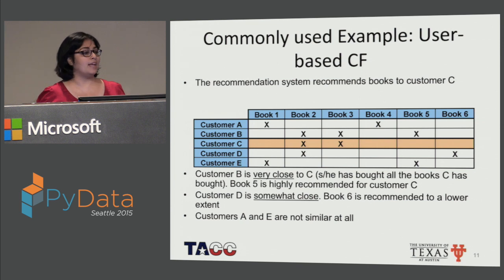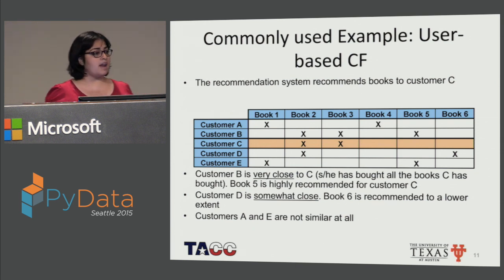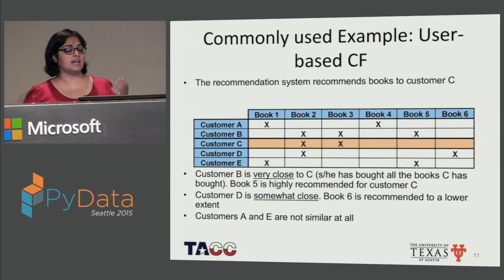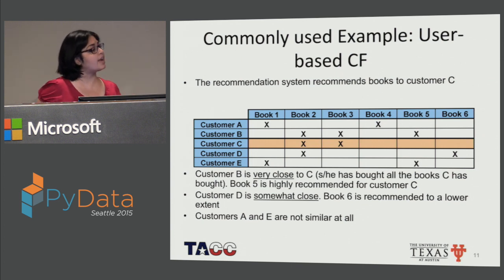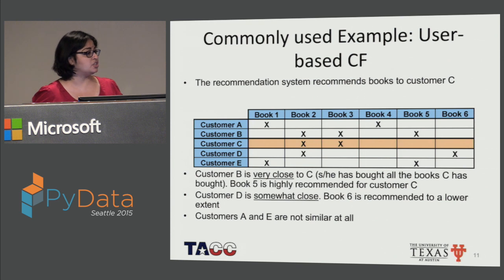So we apply weights based on the closeness. There are ways to measure this kind of similarity. We'll go into it. But based on the similarity, we weight that customer B is closer, higher in ranking in closeness to customer C than customer D. So book 5, which was searched by customer B, would be more highly recommended than book 6, which customer D had actually searched for.